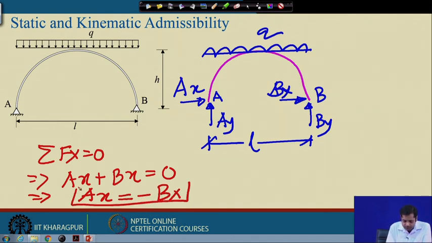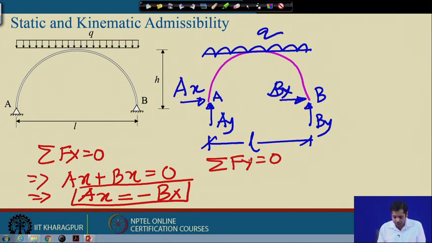This is how Ax and Bx are related. Now, if we take another condition, summation of Fy is equal to 0, this gives us Ay plus By is equal to qL, the total external load.